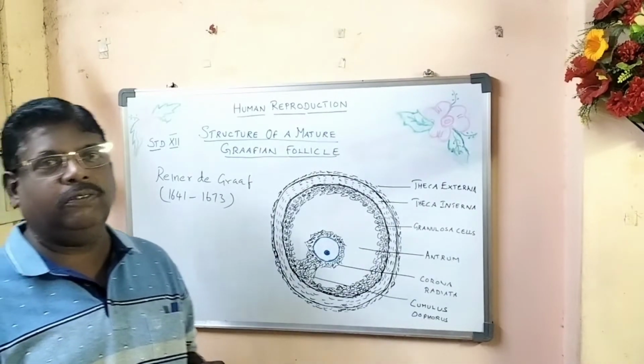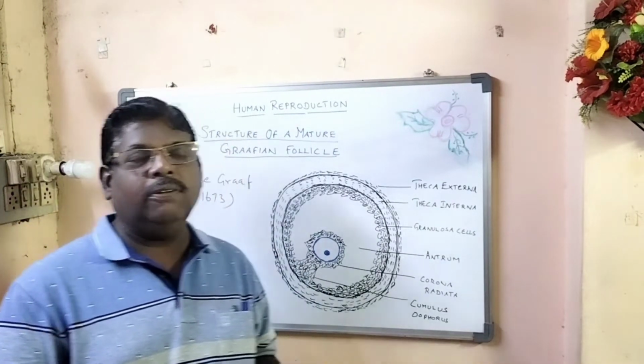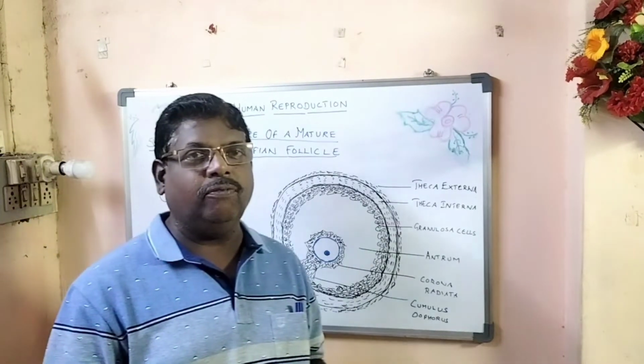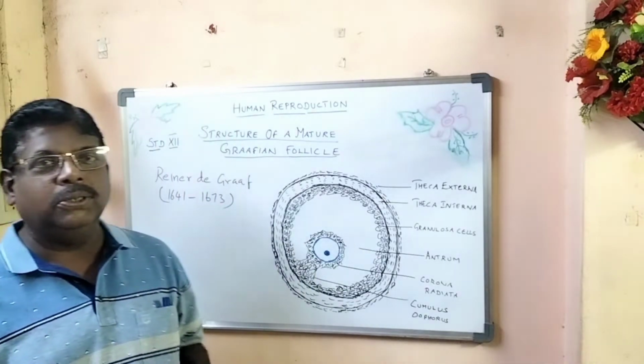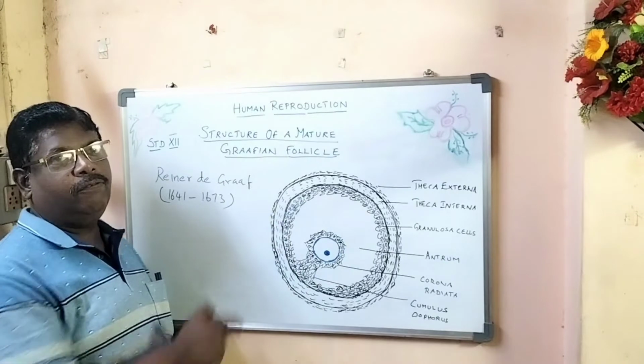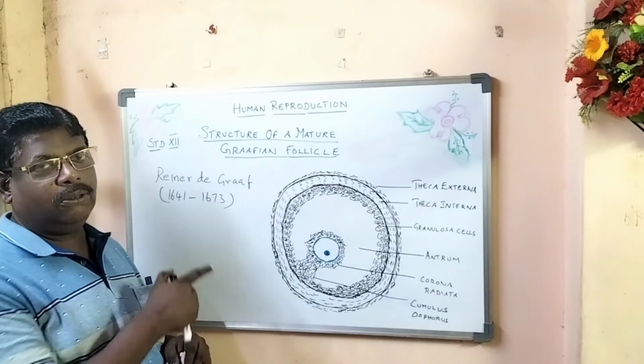He belonged to the 17th century. He was a Dutch physician, and the first person to discover follicle cells in the ovary. So to honor him, we call this follicle the Graafian follicle. That is how the name came.